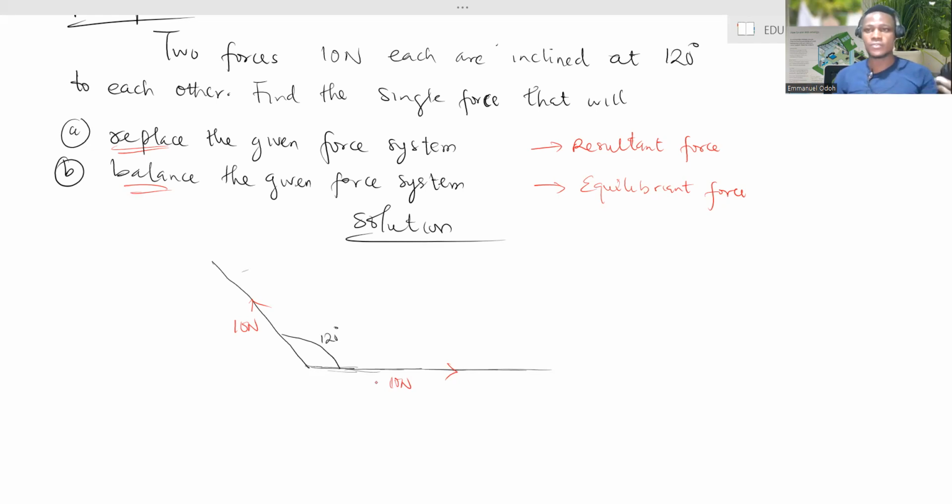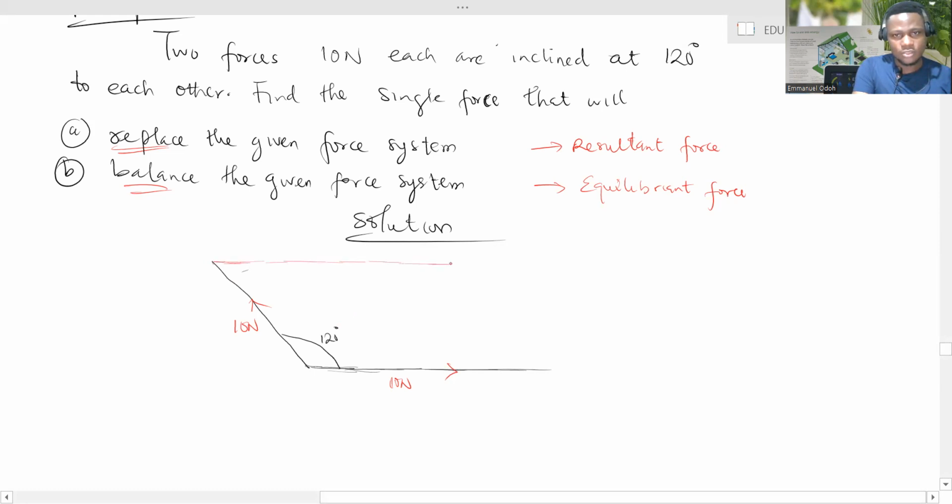Then we'll have two forces inclined at an angle to each other. Now we can represent them both in magnitude and direction by the sides of the parallelogram. We can reproduce this to form a parallelogram. So just draw sides parallel to these, and you can see a parallelogram has been formed.